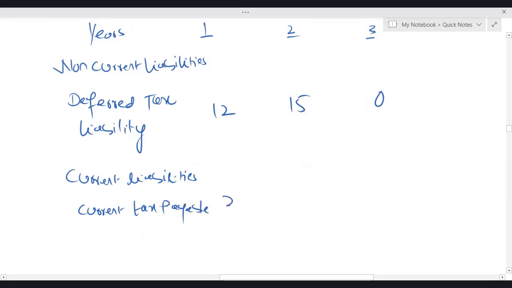Student, in the first year, we calculated 288, then 297, and then 315. So these are just the extracts of SOFP as well as profit and loss. Okay.